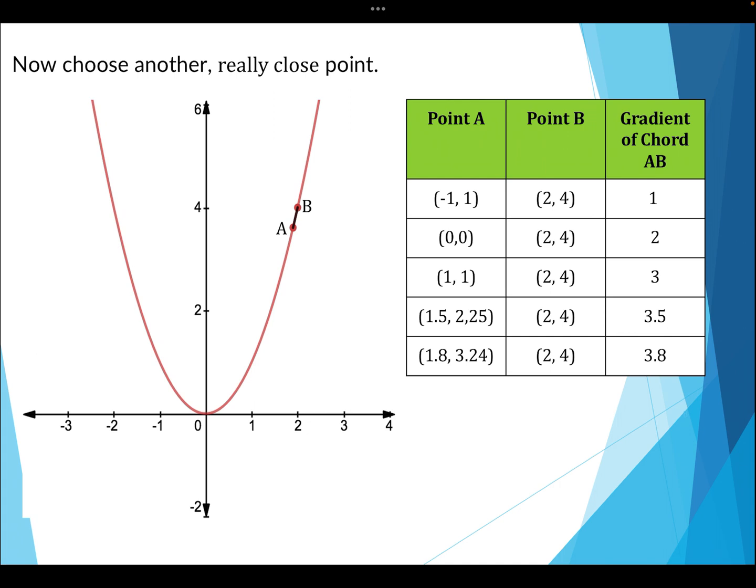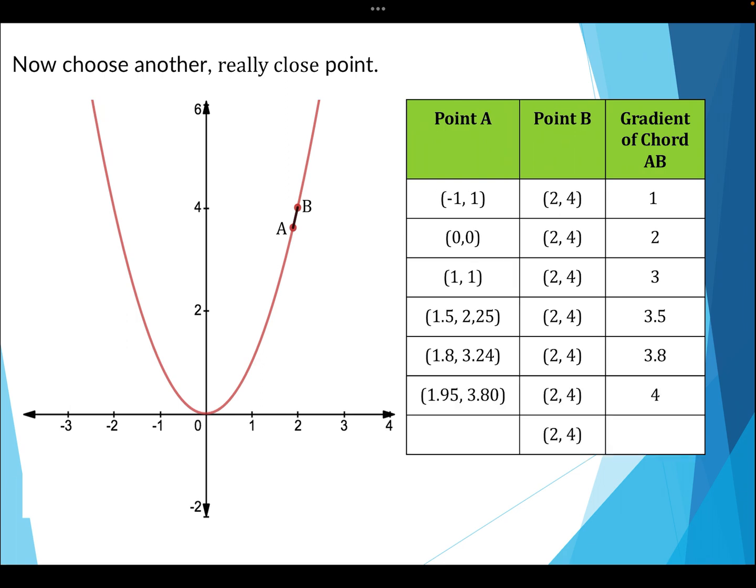Excuse me, f of 1.8 is 3.24, and the gradient is 3.8. Next, move even a little bit closer, 1.95, and you can work out the gradient of chord AB is 4. And let's go up to 1.99. Again, the gradient of chord AB is 4.